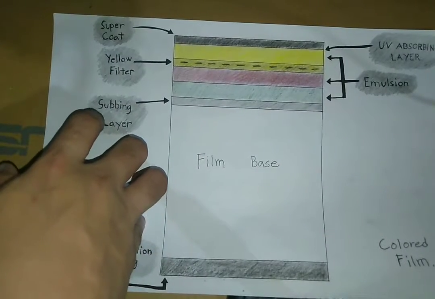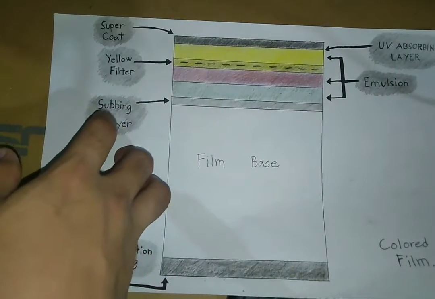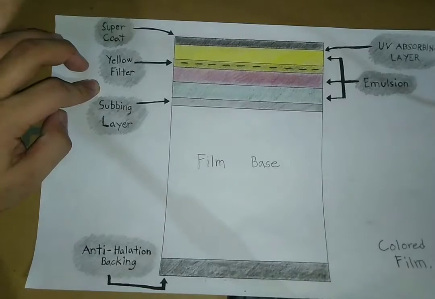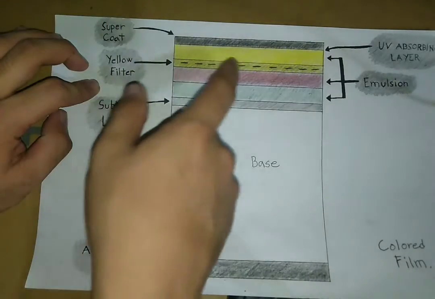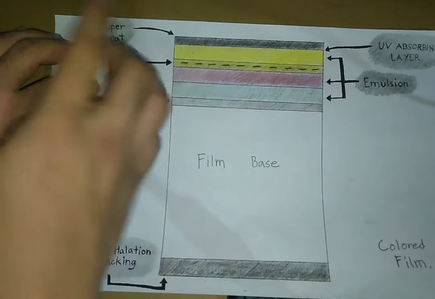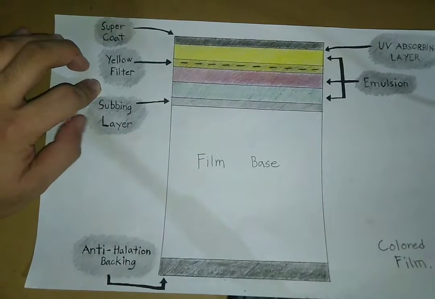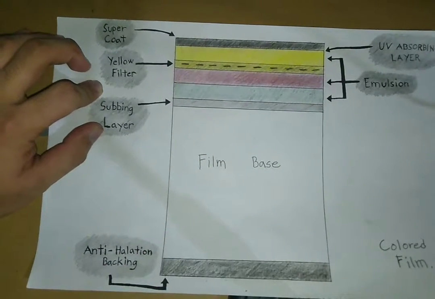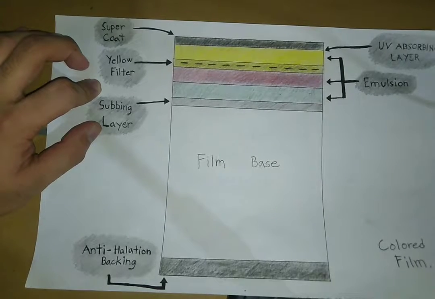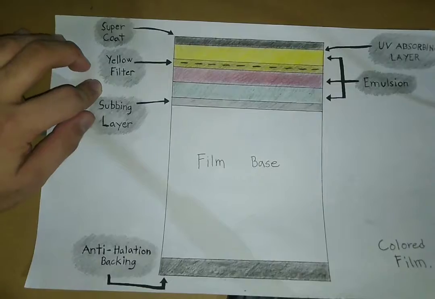So, what does this do? It is a colorless substance that reacts with a decomposition product of the developing agent to generate dye in all areas where a silver image is produced, and in proportion to the density of that silver image.